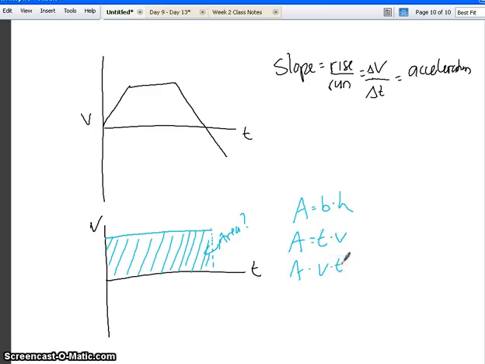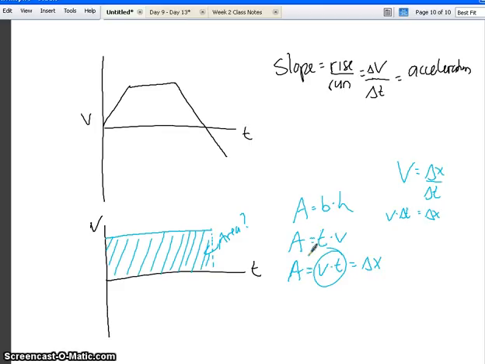If you look at this equation, this should look familiar: velocity times time equals displacement. Because if we look at our formula for velocity, delta x over delta t, displacement equals velocity times delta t. So the area under the curve is equal to displacement.